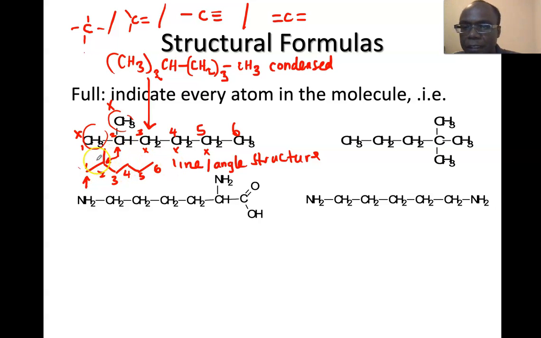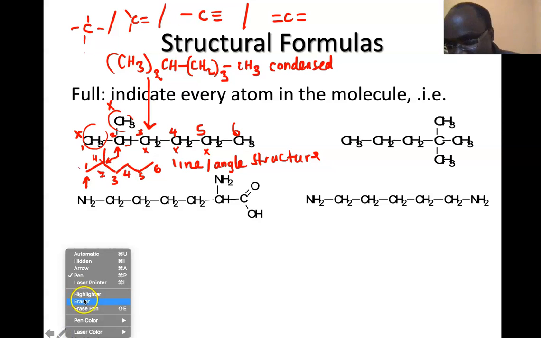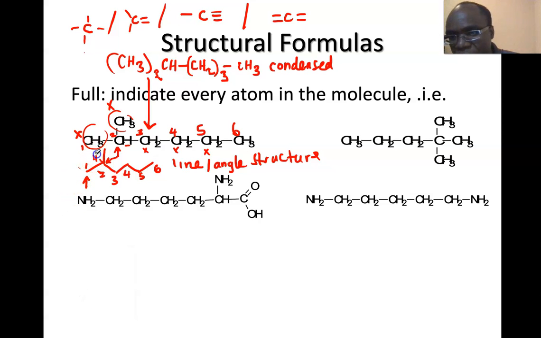So here, this carbon number 2 has 3 bonds around it, which means 1 bond is missing. It's actually there, it's just not drawn, bonded to the hydrogen. We just don't show them, for clarity. And the rule is whenever you have hydrogens bonded on carbons, don't show those hydrogens.